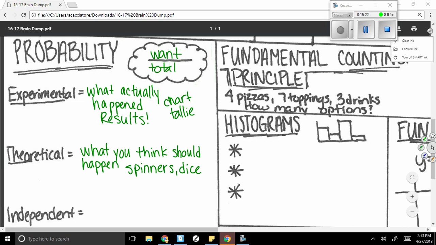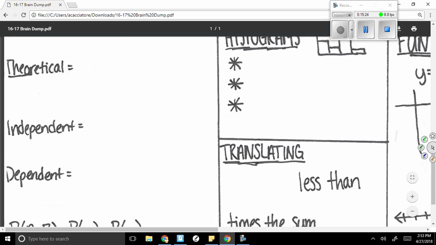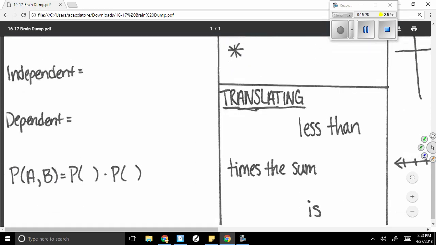I'm going to move down so we can see both of these two together. Independent and dependent. If it is independent, that's when we put the marble back in the bag. And we have the same denominator. Whereas dependent is when I keep the marble out. And that's when we can have different denominators.